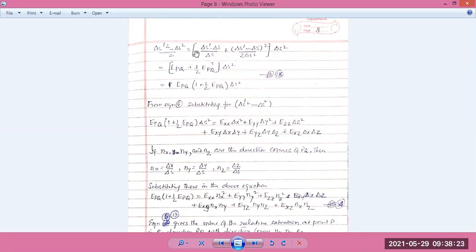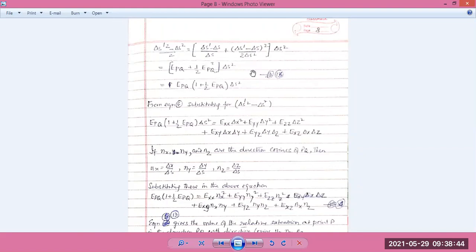So this equation can be arrived at after this simplification, and we have just derived this EPQ, and half of this is also EPQ square, half into EPQ square multiplied by delta s square.